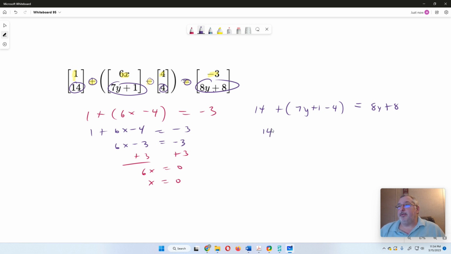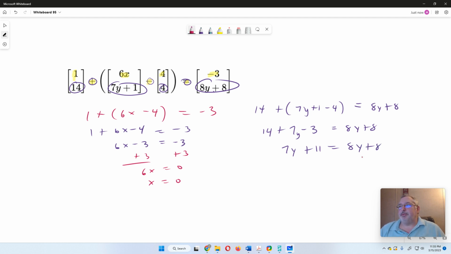Simplify. We got 14 plus 7y minus 3, because 1 minus 4 is negative 3, equals 8y plus 8. Combine like terms. That's a y right there. We got 7y plus 11 equals 8y plus 8.